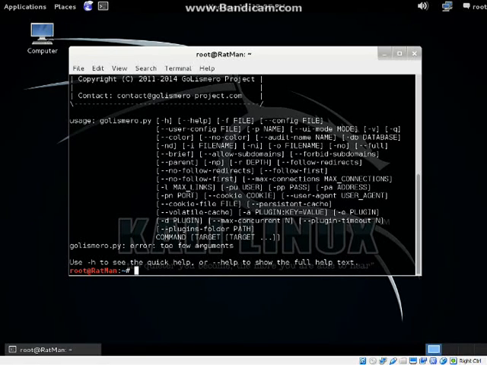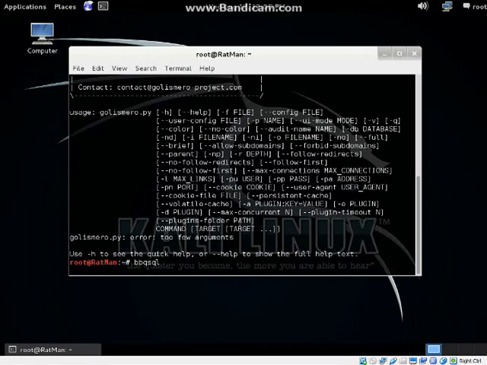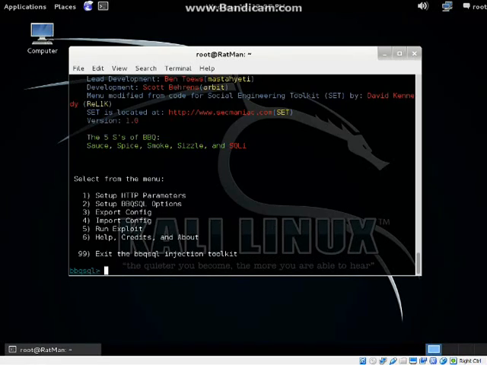Then I think there's BBQ SQL. I hope that runs. Yeah, Goldie's Marrow is just, yep, see? BBQ SQL. That's a weird one. Set up HTTP parameters, set up BBQ SQL options, export config, import config, run exploit. It's just an exploit checker.